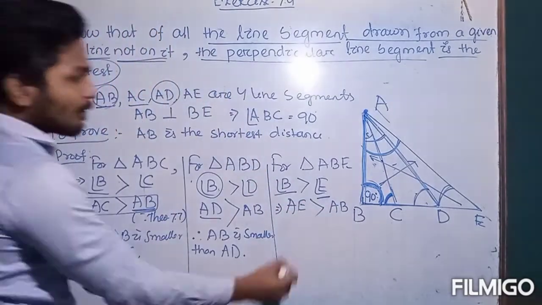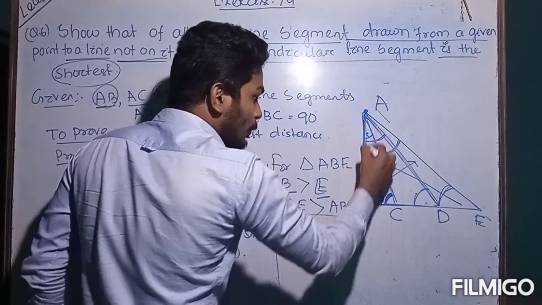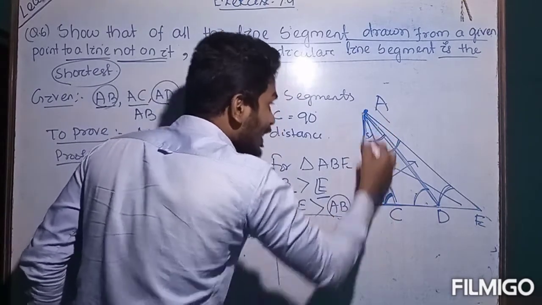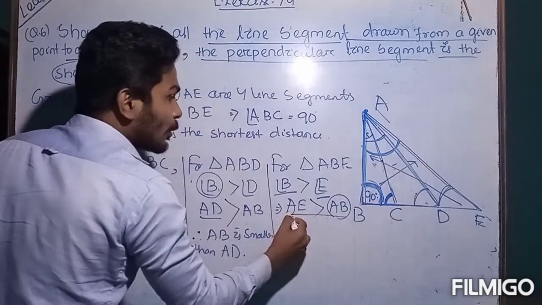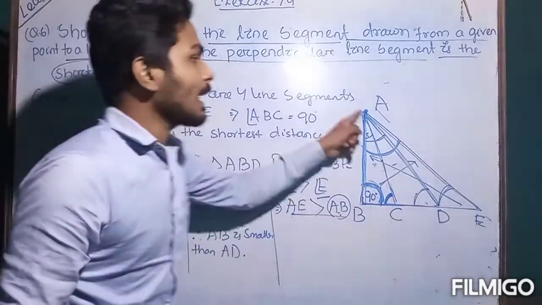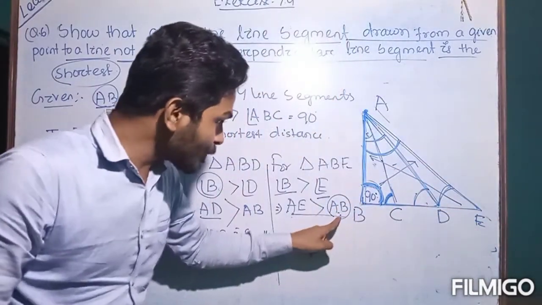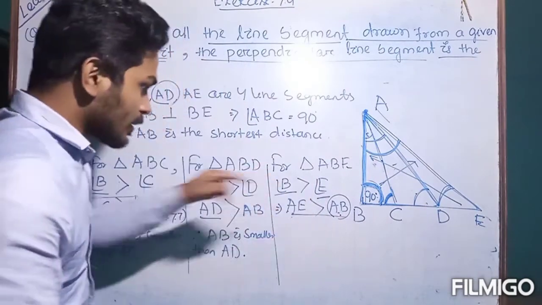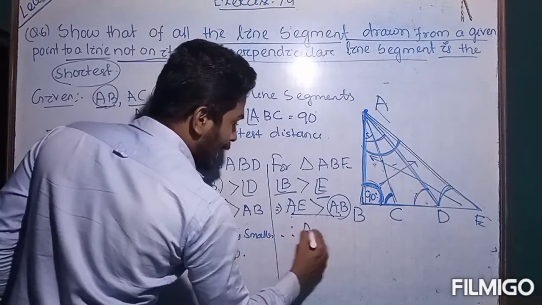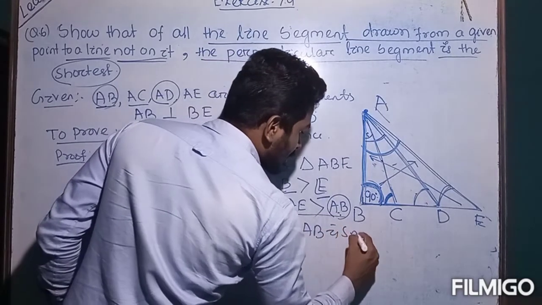Understood? So what have we found here? Between line segment AB and line segment AE, which is larger? AE is larger. Which is smaller? AB is smaller.